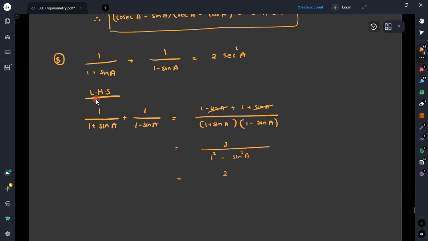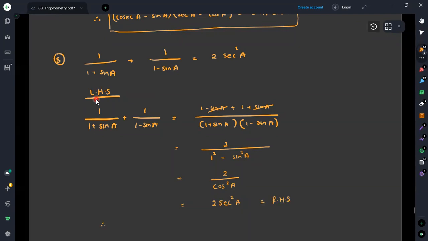Then we will get this as 2 divided by cosine squared A, which equals 2 times 1 over cosine squared A. 1 over cosine squared A can be taken as sec squared A, which is equal to the right hand side of the equation.